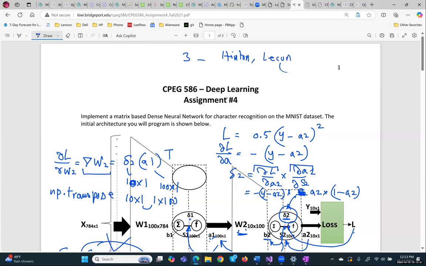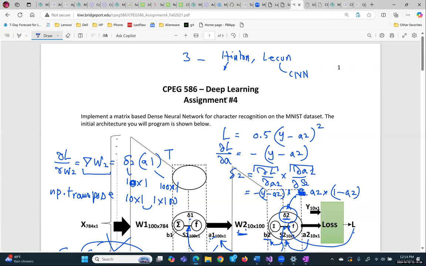LeCun, in my opinion, was the pioneer with respect to convolutional neural networks, which made a huge revolution in at least the image aspect of the field, right? Hinton created the breakthrough in the entire learning of these neural networks, including simple techniques such as dropout.